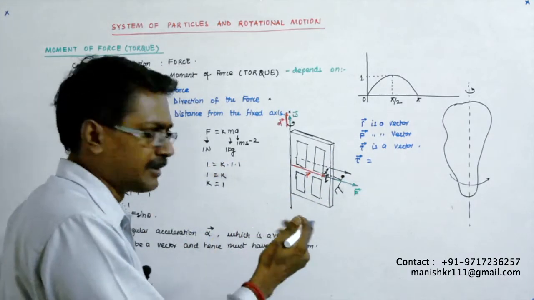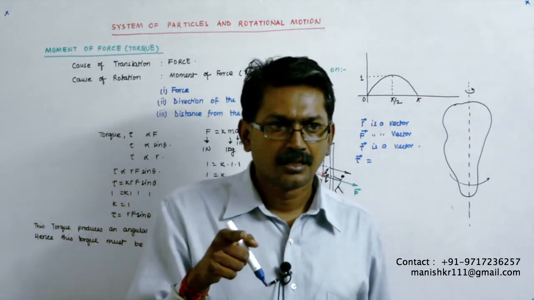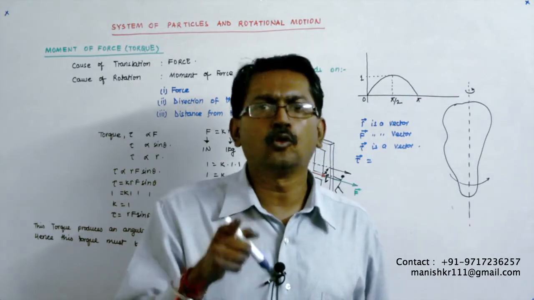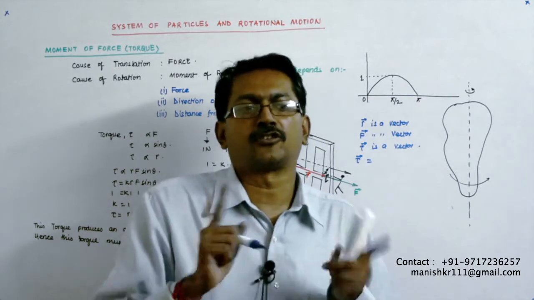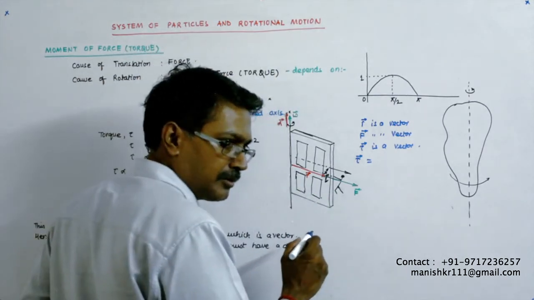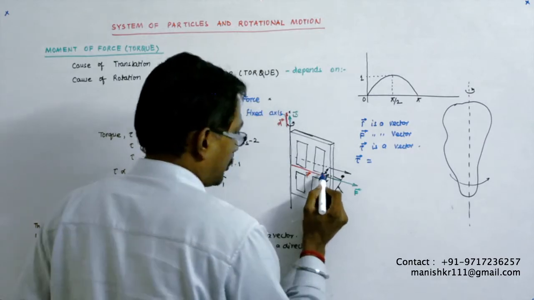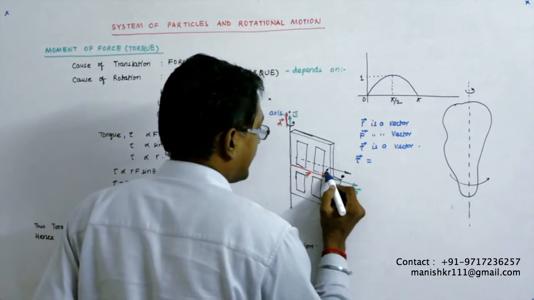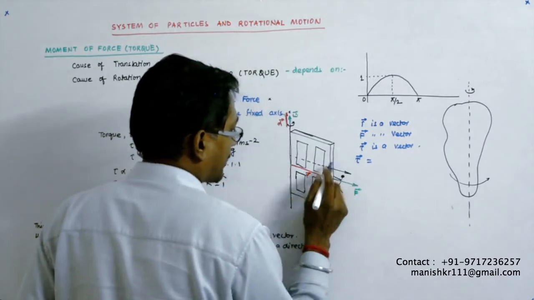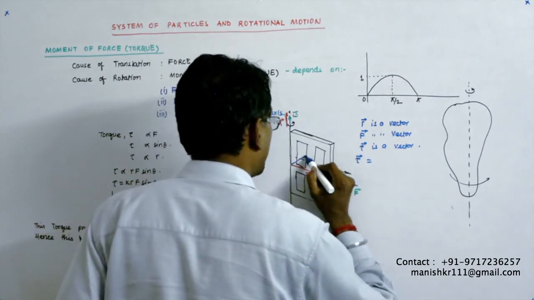Because it involves sine theta. The only trouble is R cross F or F cross R. How did you know? See, look at this. This is my R. For the perpendicular force, I am free to move it perpendicular to the door.